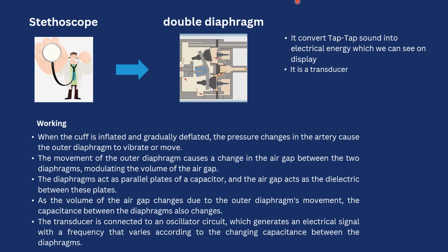The diaphragms act as a parallel plate capacitor, and the air gap acts as a dielectric between these plates. As the volume of the air gap changes due to the outer diaphragm movement, the capacitance between the diaphragms also changes. The transducer is connected to an oscillator circuit which generates an electrical signal with a frequency that varies according to the change in capacitance between the diaphragms.